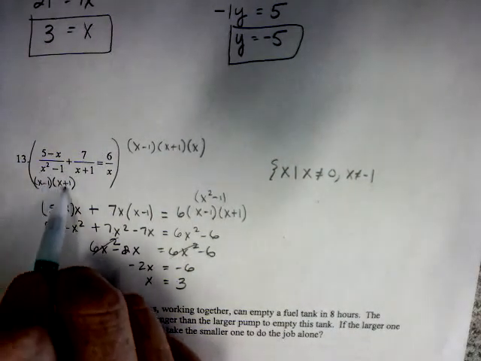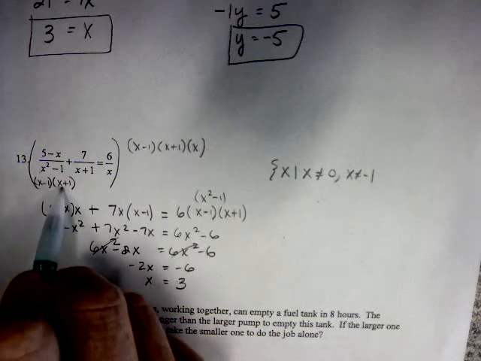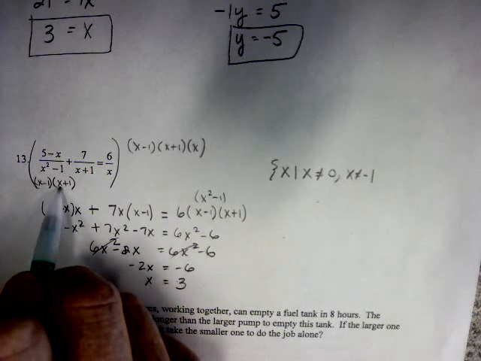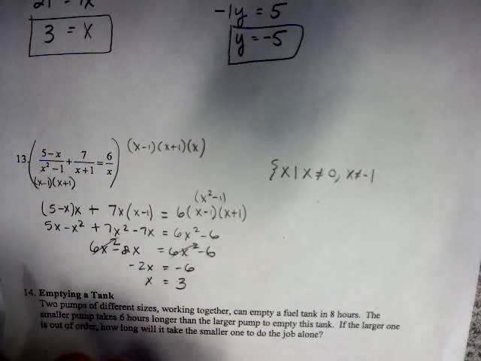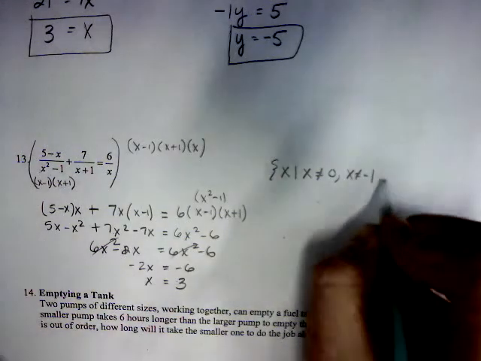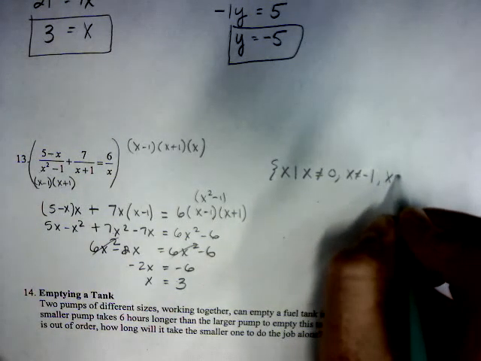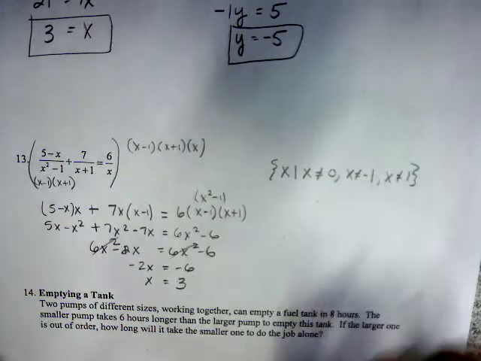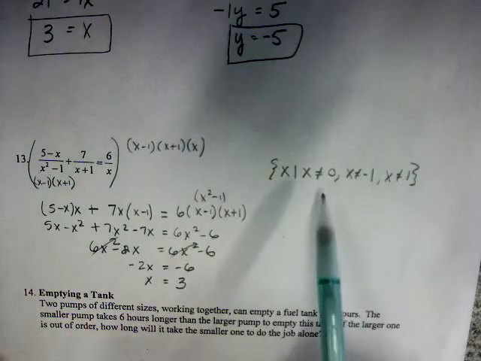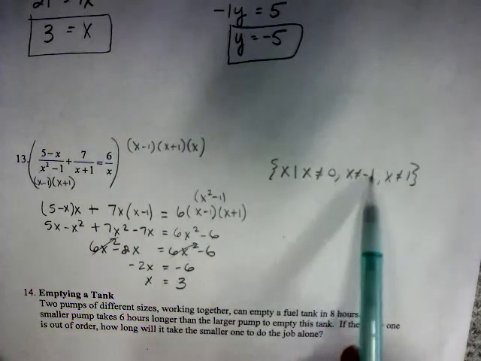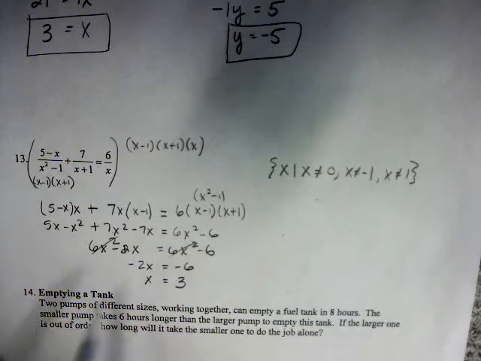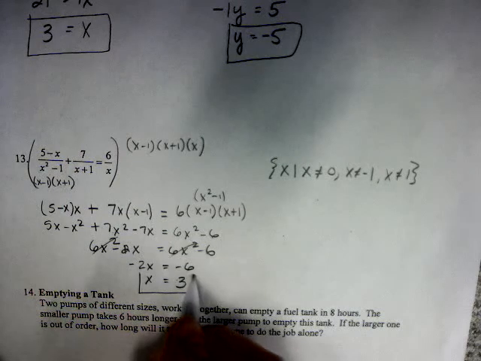And then this is the factored form right here, so we have 1 and negative 1 as the zeros for this denominator, and so we can just add positive 1 as well. So our domain is any number except for 0, negative 1, and 1. Since 3 is not one of those three numbers, 3 is our solution.